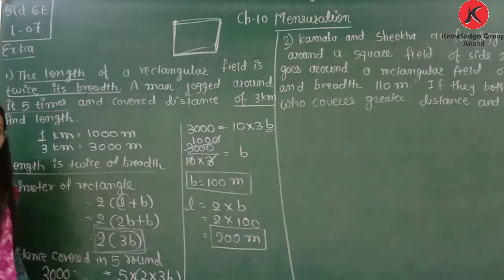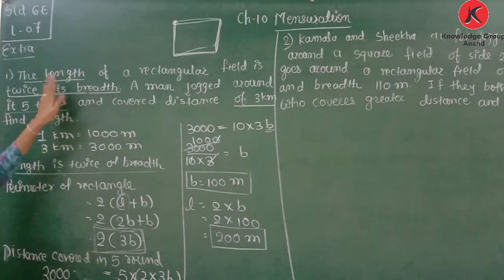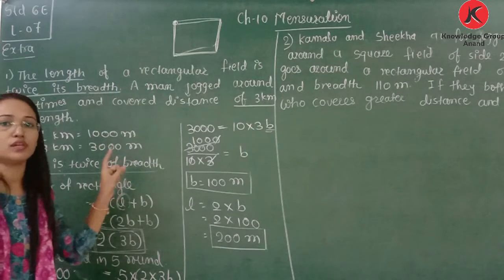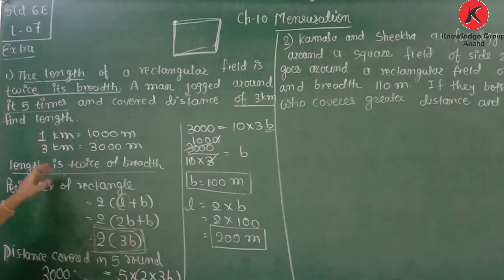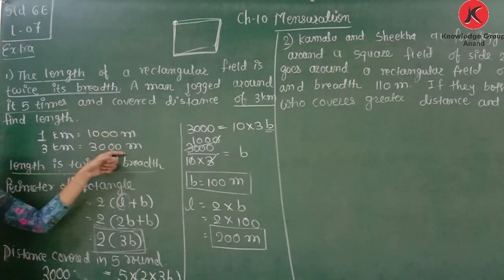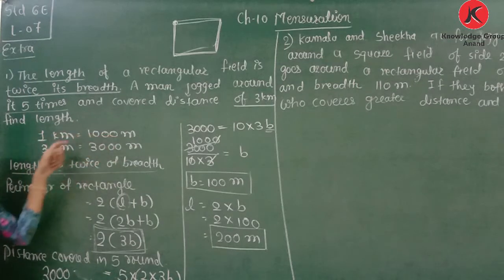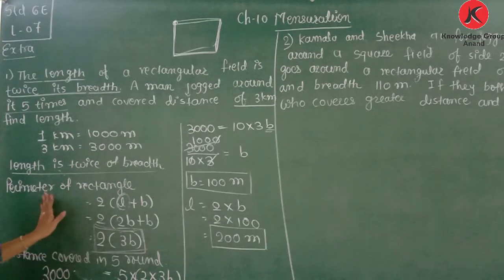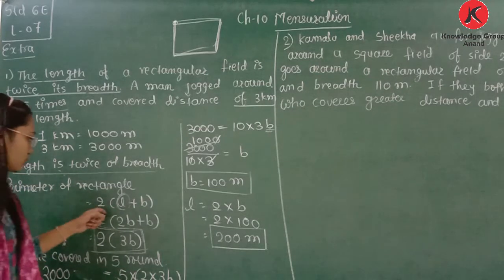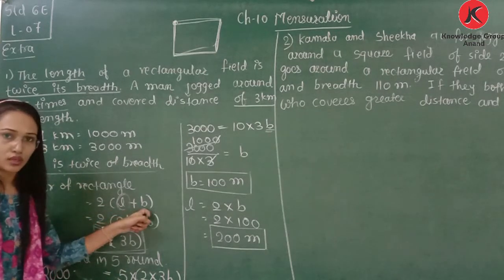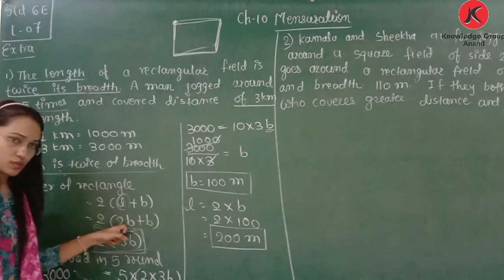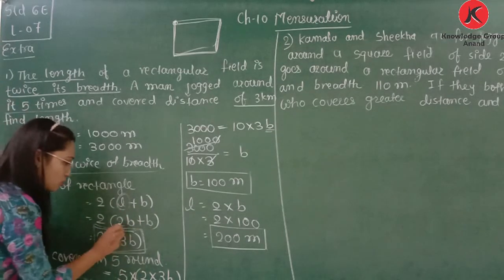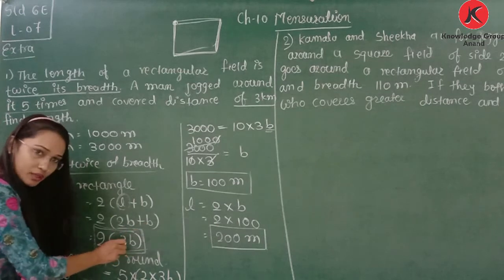Clear? Again, what is the equation? First the statement is given: the length of the rectangular field is twice the breadth, so l will be 2b. Now we convert kilometers into meters: 1 kilometer is 1000, so 3 kilometers is 3000. Now we use the equation for the perimeter of a rectangle, 2 inside the bracket, length plus b. But the length is twice the breadth, so 2b plus b, which is 3b.